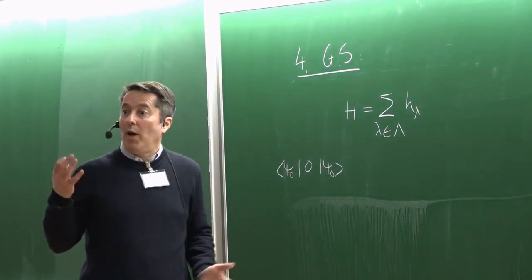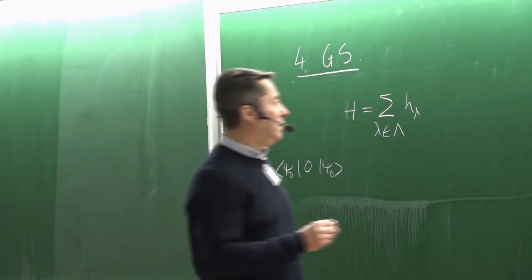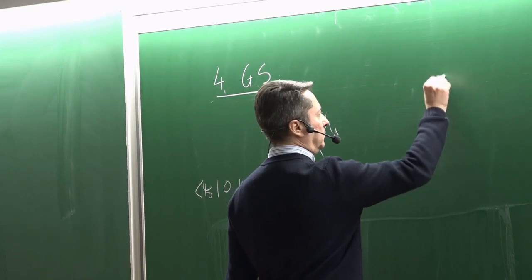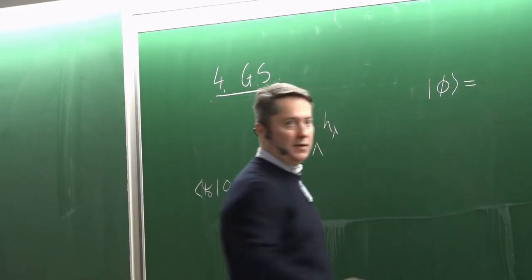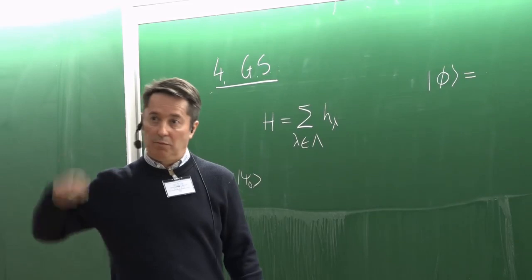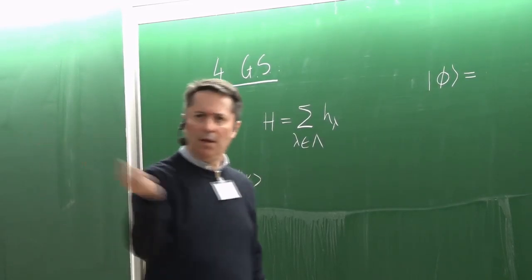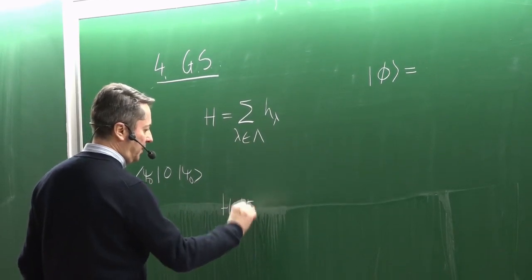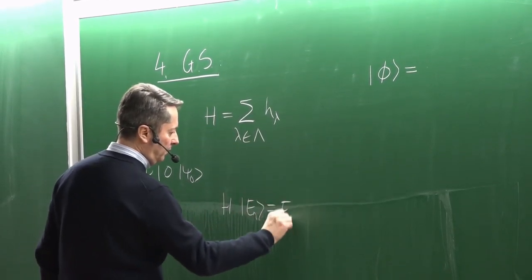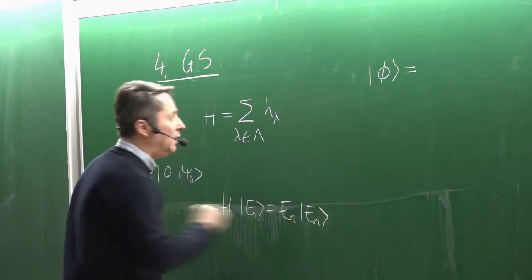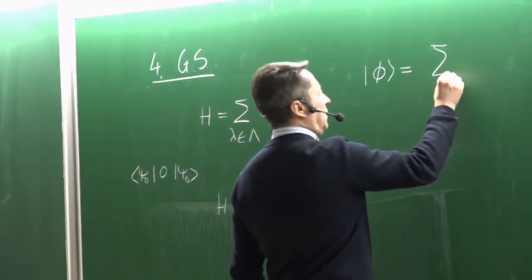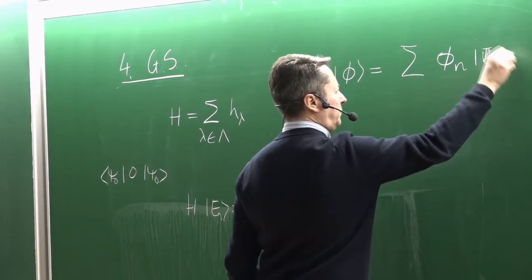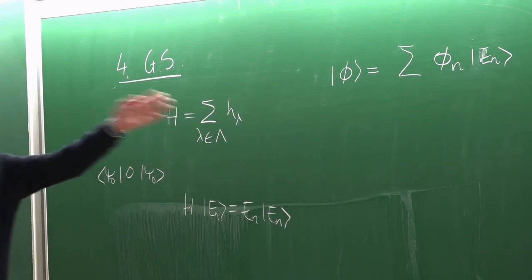One way of doing that, and that's the algorithm, would be to take a random state, for example a random product state. If you write it in the energy eigenbasis, or in the basis that I defined before, it will have a linear decomposition.